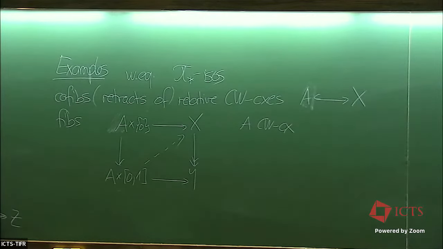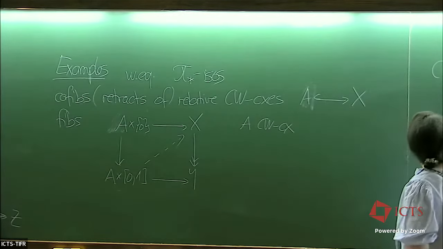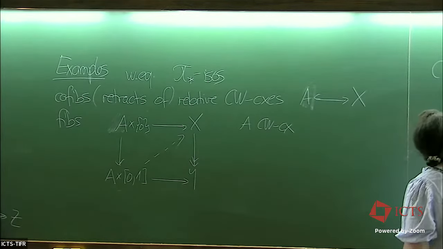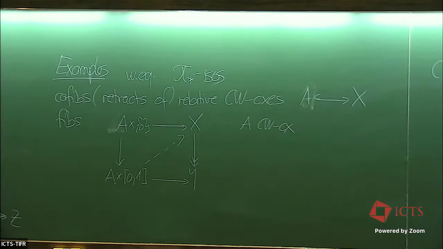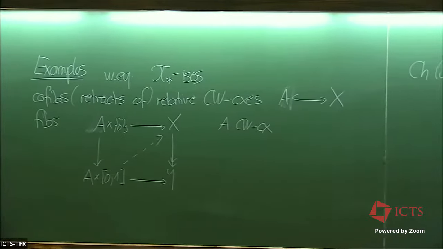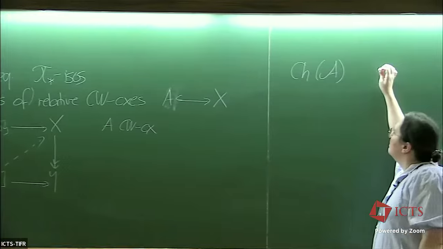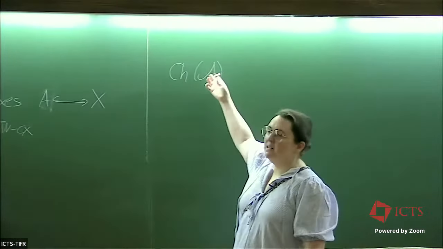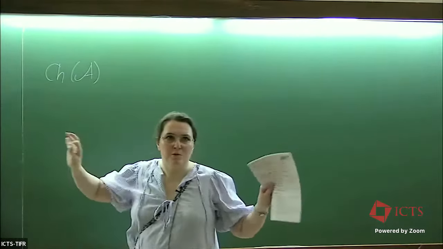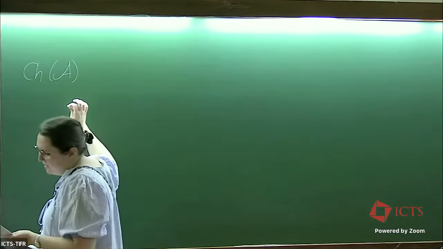But to get more to the algebraic end of it, let's look at chain complexes in your favorite abelian category. It could just be R modules or something like that, so don't worry about the whole generality of it.